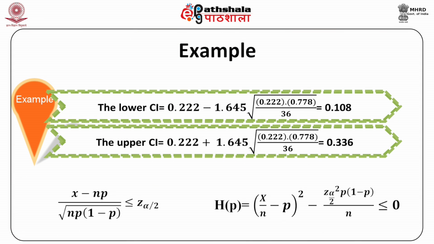Example 2. Sample size n is equal to 36 and x by n is equal to 0.222. We have to build a 90% confidence interval for the true population proportion P. We use the formula from equation 1, that is, Z 0.05 is equal to 1.645.